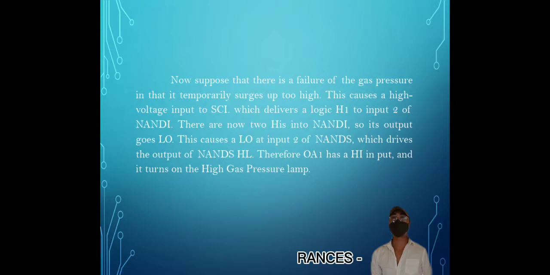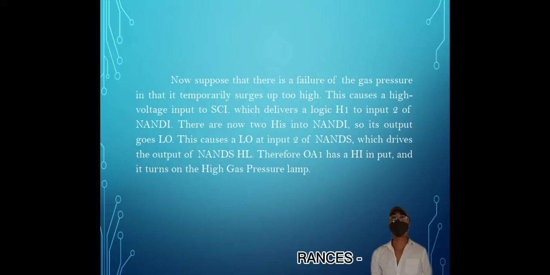Now suppose the failure is that the gas pressure is too high. It causes a high voltage input to the switch, which delivers a logic high to input 2 of NAND 1.